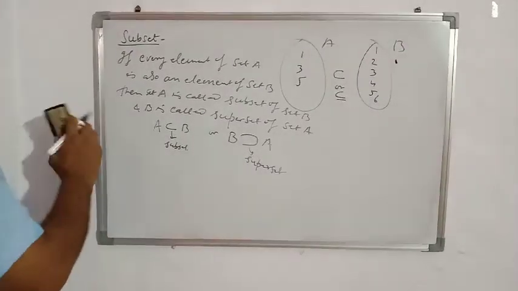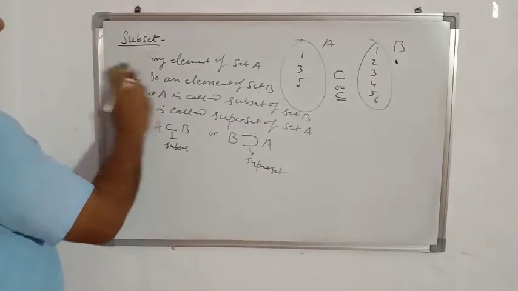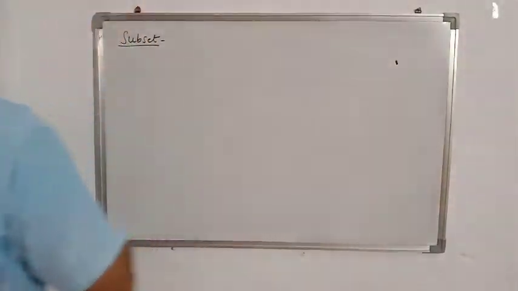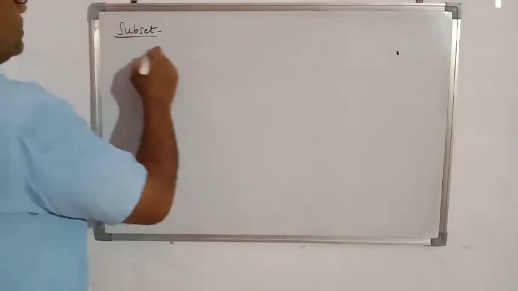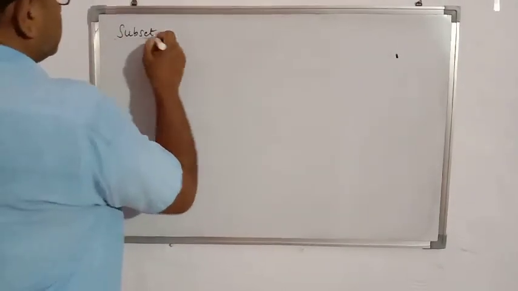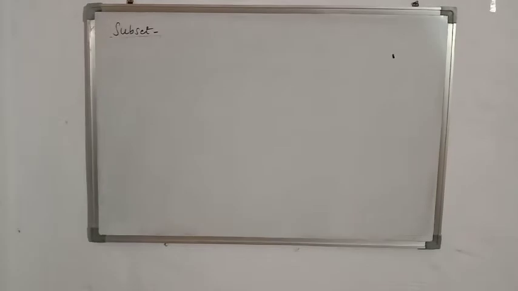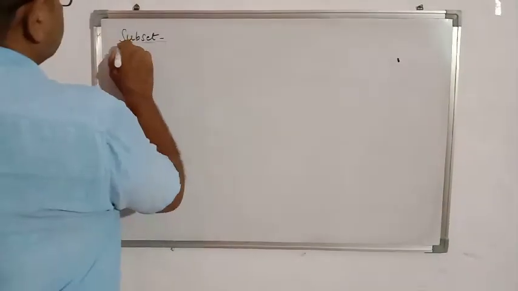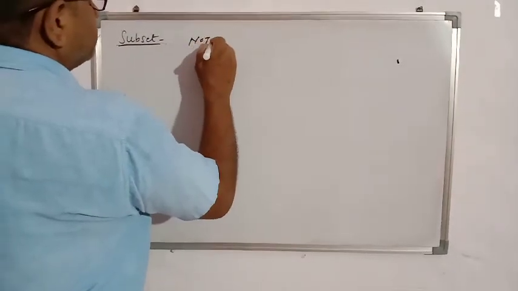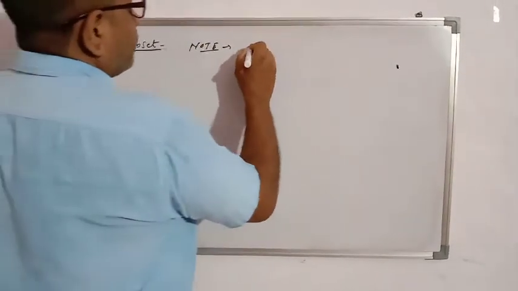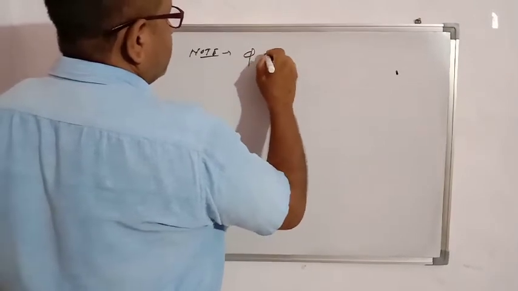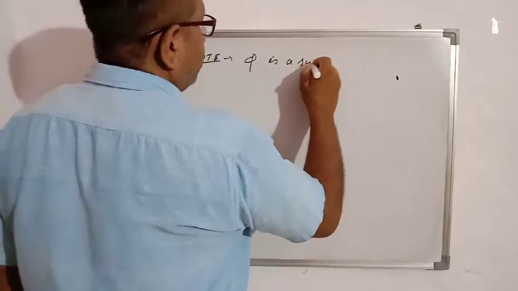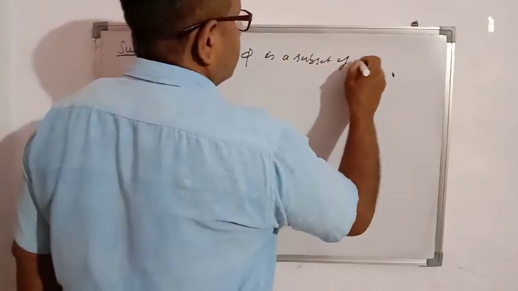How can we write the subsets of a given set? Note here: the null set is a subset of every set.